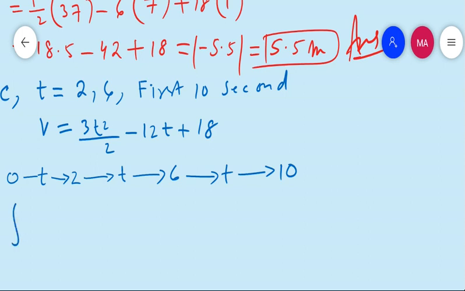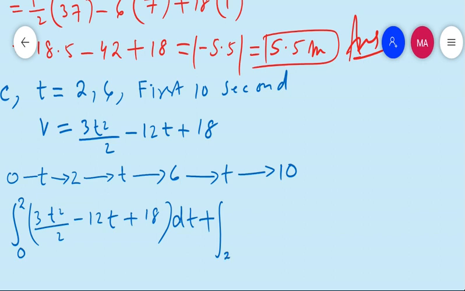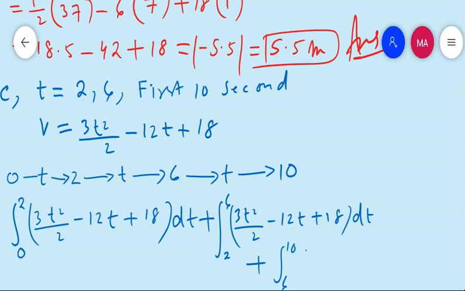So let's start. Integrate 0 to 2 of 3t square upon 2 minus 12t plus 18 dt, plus integrate 2 to 6 of 3t square upon 2 minus 12t plus 18 dt, plus integrate 6 to 10 of 3t square upon 2 minus 12t plus 18 dt.